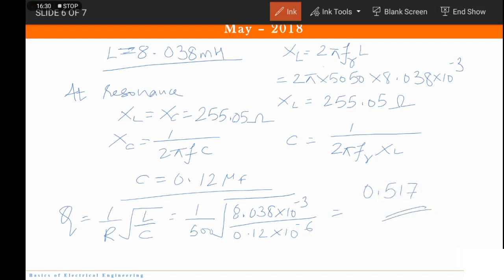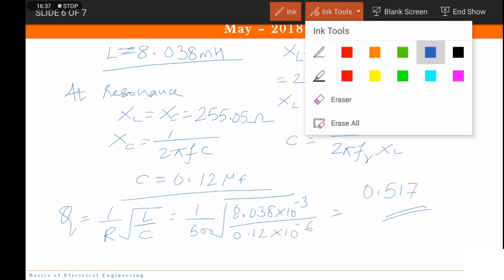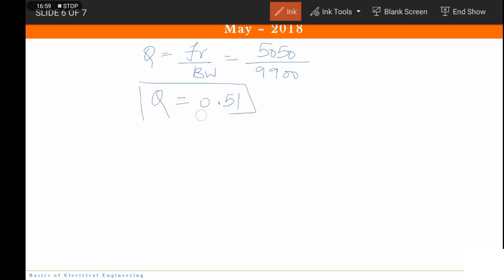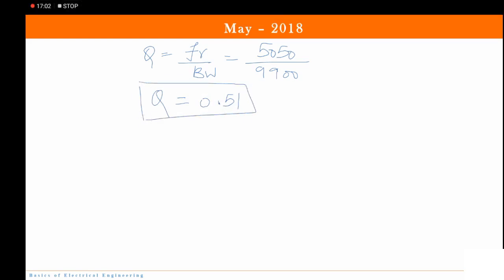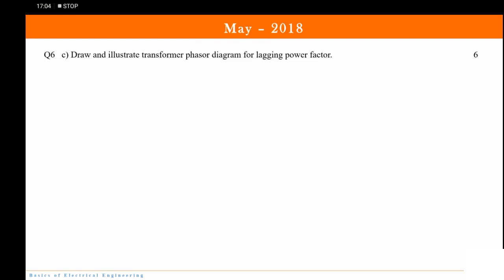Okay. Now the same can be done in one more way. Q factor has one more equation, and that is given by resonance frequency upon bandwidth. So resonance frequency is 5050 and bandwidth is 9900. So it also comes out to be 0.51 Q factor. So you can use any of these two formulas. Fine. Let us go to the next question.